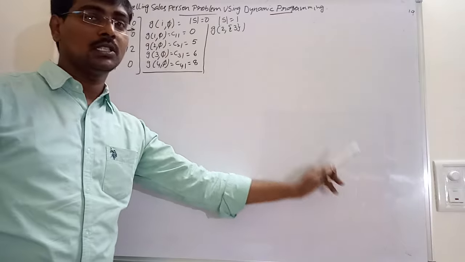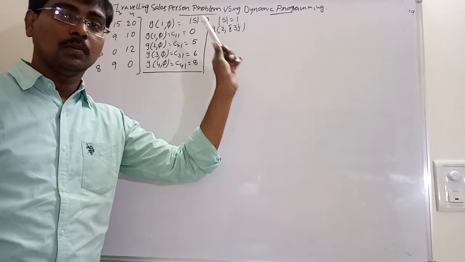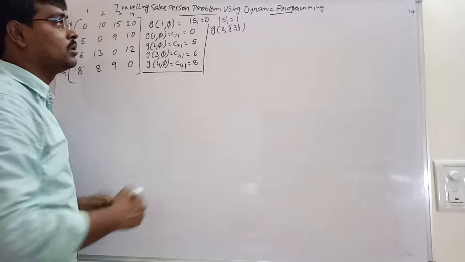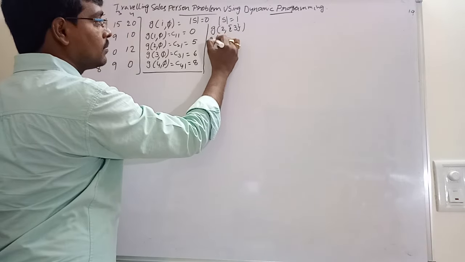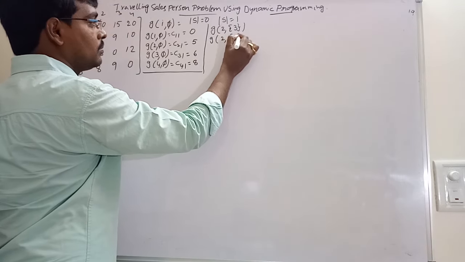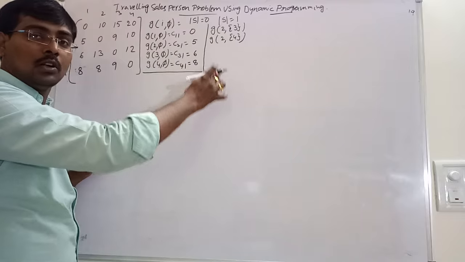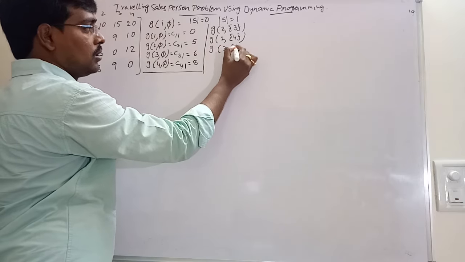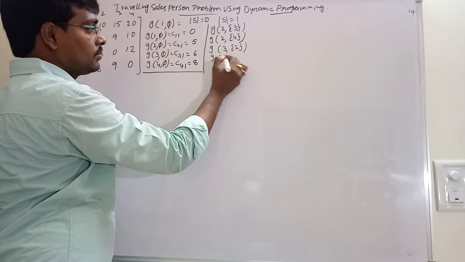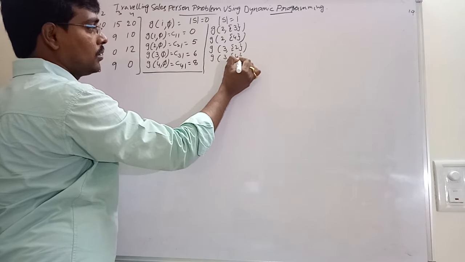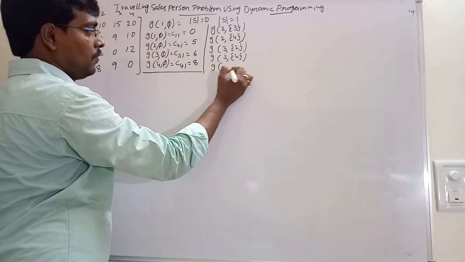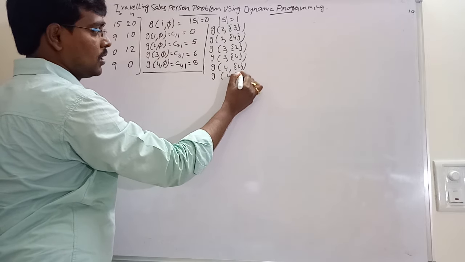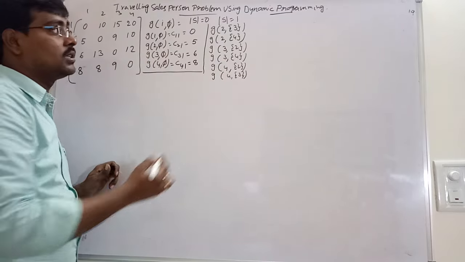For that purpose we are calculating these partial values, so that to get the final answer we work in a reverse approach: g(2,{3}), g(2,{4}). From 2 we have two possible cases, either 3 or 4. From 3, either 2 or 4. From 4, either 2 or 3. These are the possible cases.